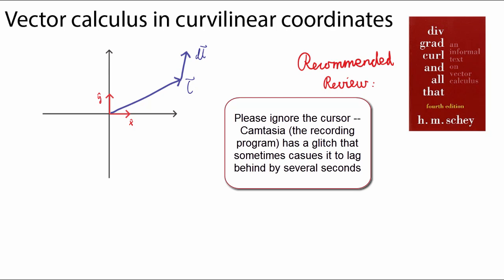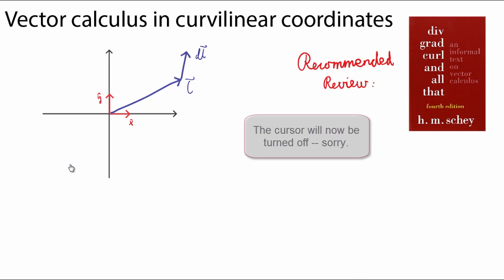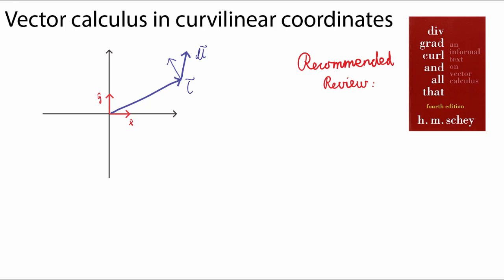Okay, so since we're working now in planar polar coordinates, the component vectors of this displacement vector dl should be projected onto the unit vectors of this particular point here. So then we have the phi hat direction like so, and the r hat direction like that. So the component vectors will therefore be dl sub phi in that direction, and dl sub r in the r hat direction.